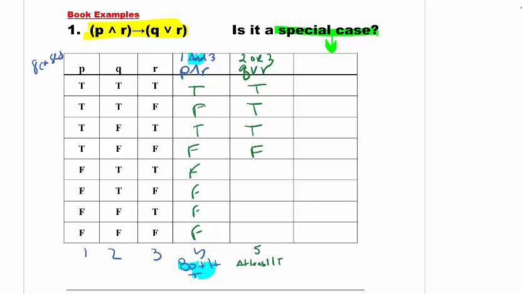Yes, no, yes, yes, yes, no. Remember, I was looking at these two columns. You needed at least one true. So this one was both false, so that didn't work. And this one was both false, and that didn't work. So my last step for this problem is to put everything together. And like I said, I think this gets confusing looking at this form.